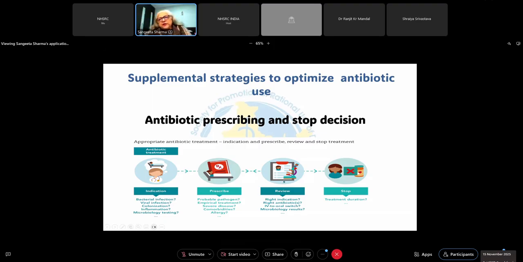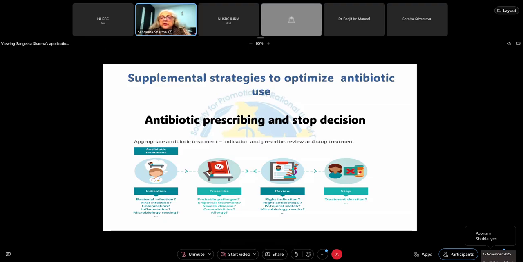Review is very important. The most neglected thing is that prescription decisions are taken, we prescribe, but we fail to review after 48 hours, 72 hours, whether it is working for the patient or not, whether the patient is improving or not.